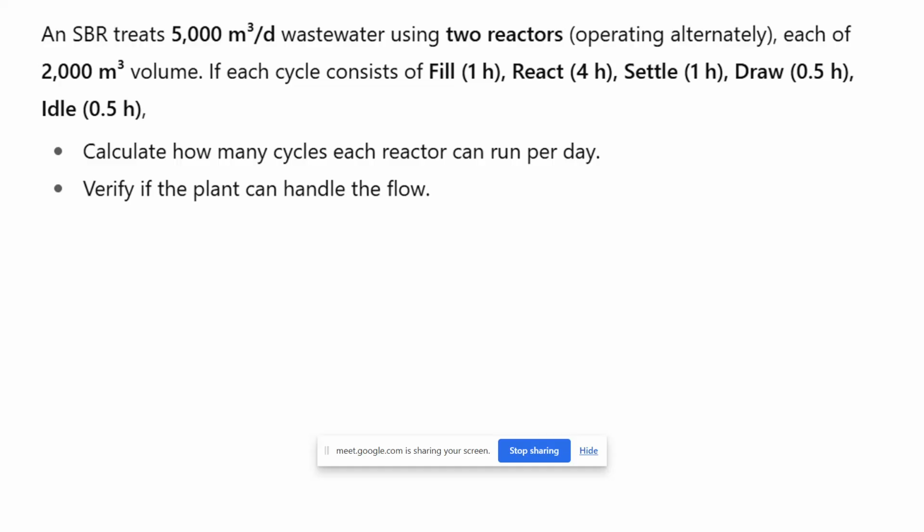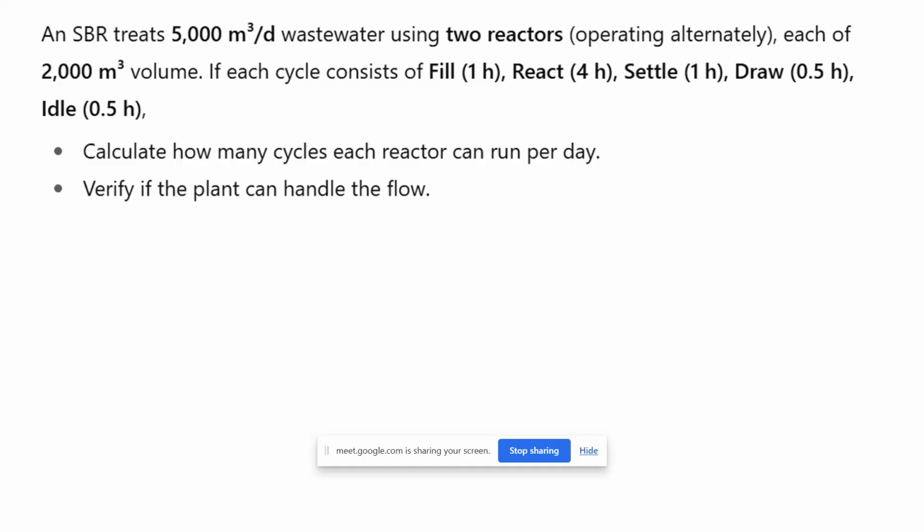Practically it is not possible, because the plant is to operate continuously. If we stop filling and aerating, where will the water go? Exactly, that is the thing. But this is just a theoretical question to understand how many cycles.